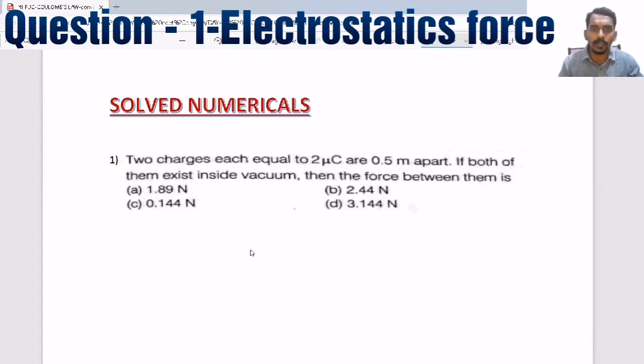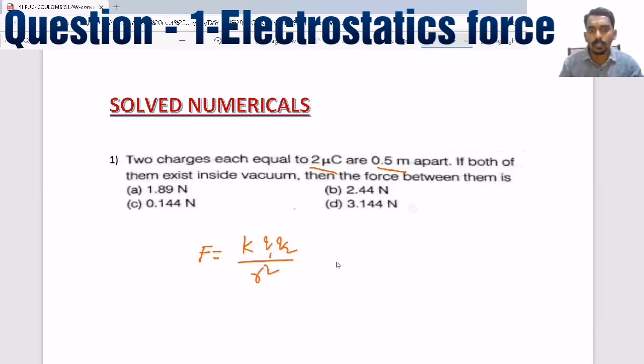You have to understand the question, collect the data, and look for what quantity they are asking. In the given question, two charges each of 2 microcoulomb are separated by a distance r. So Q1, Q2 are given, and R is given. If both exist inside vacuum, the medium is vacuum only, so there is no medium. The force between them is K Q1 Q2 by R square, because the medium is not present, it's vacuum.